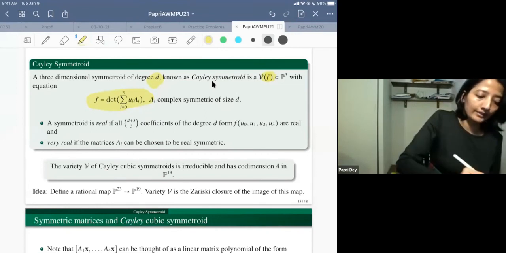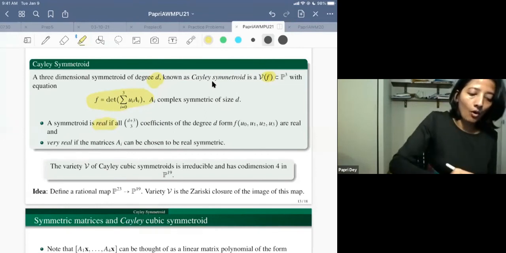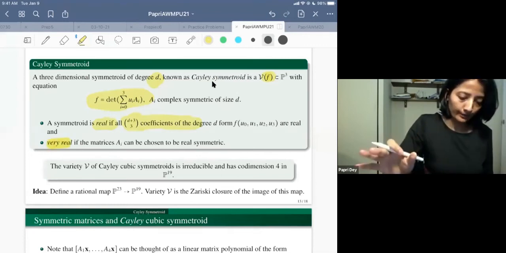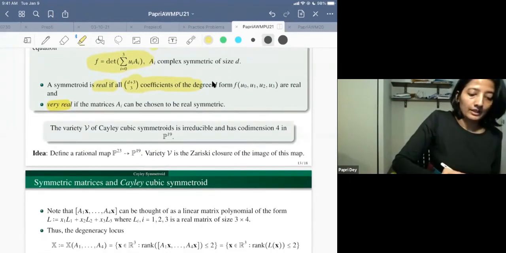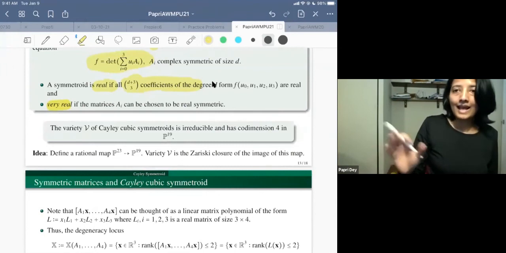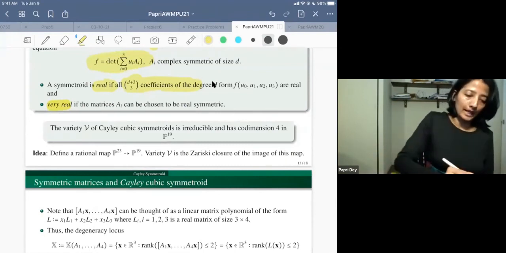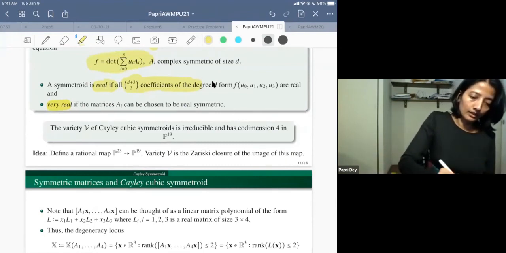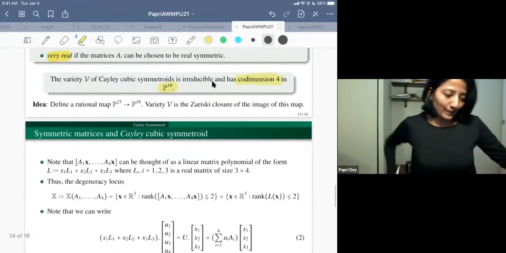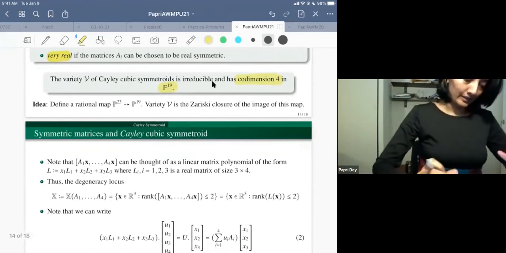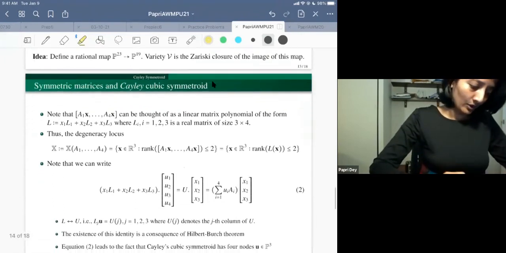A symmetroid is real if all of the coefficients of this polynomial are real, and it's very real if the A_i can be chosen to be real symmetric. The variety of Cayley cubic symmetroids is irreducible and has codimension 4 in P19. This can also be easily seen, but maybe I'll skip this part for this talk.